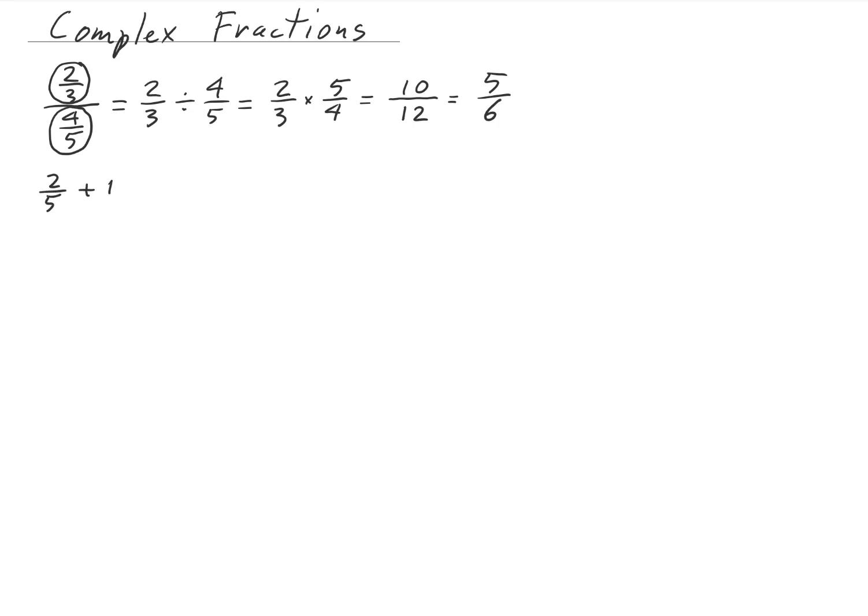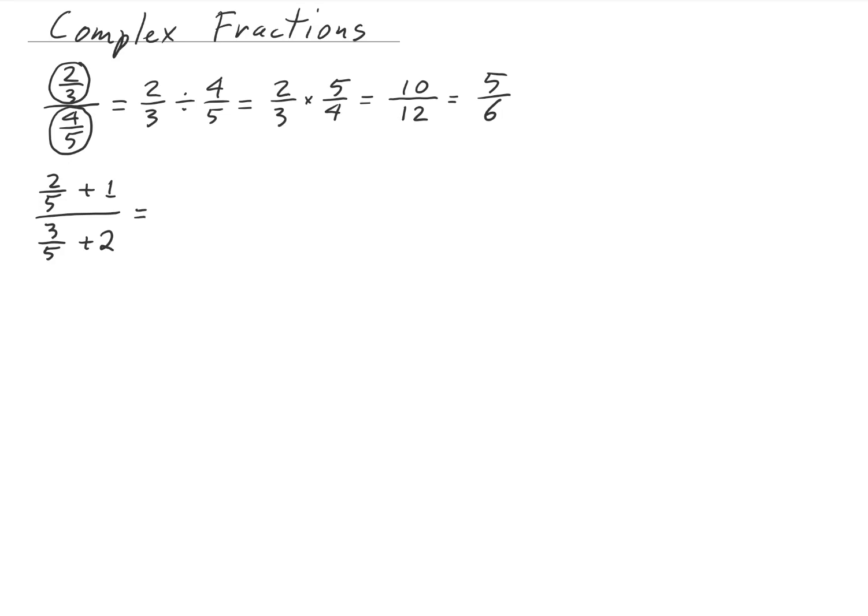2/5 plus 1 over 3/5 plus 2. Okay, so now we've got two terms on the top, 2/5 and a 1, and two terms on the bottom, a 3/5 and a 2.